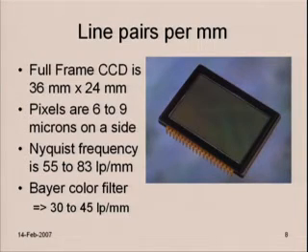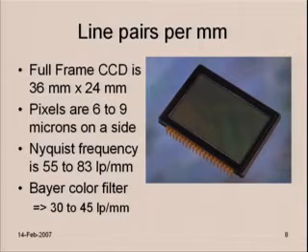So in this particular full frame sensor, full frame means full frame for a 35 millimeter camera. That's a term of art, I suppose. So that means they're 36 millimeters wide, 24 millimeters high. The pixels on this one are 9 microns on a side. Sizes for pixels range from between 6 and 9 microns.